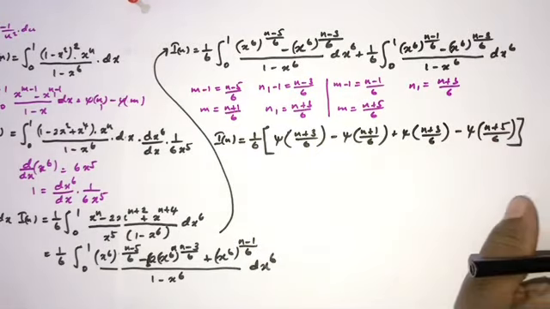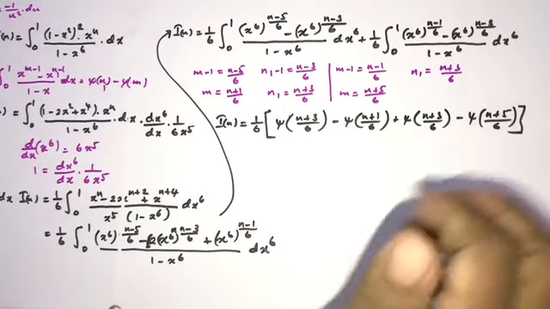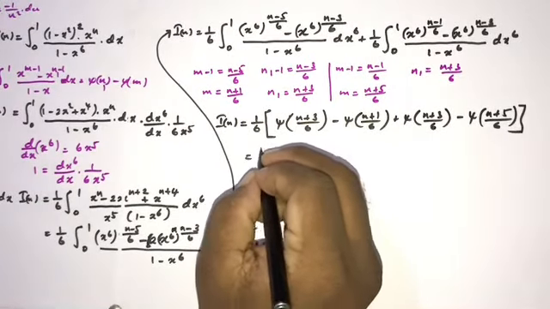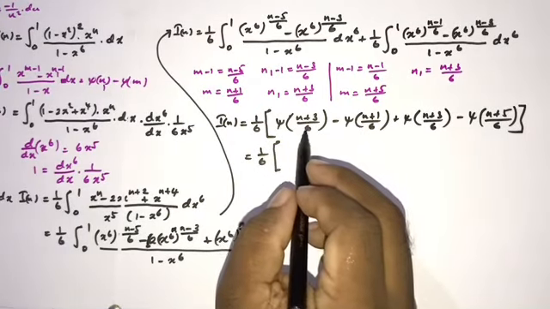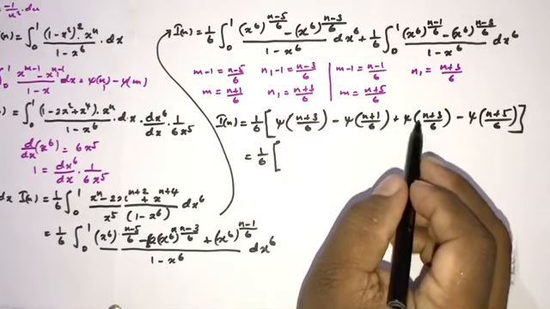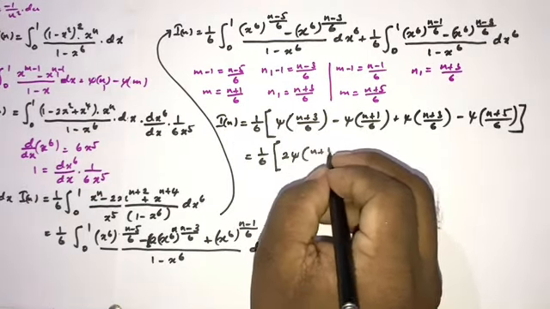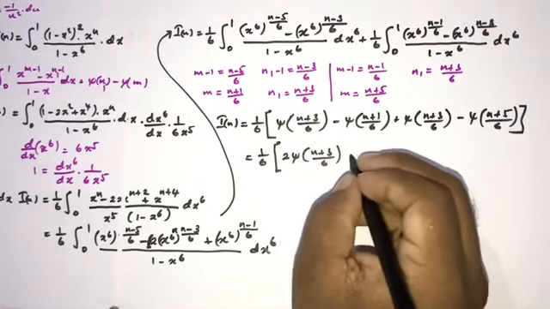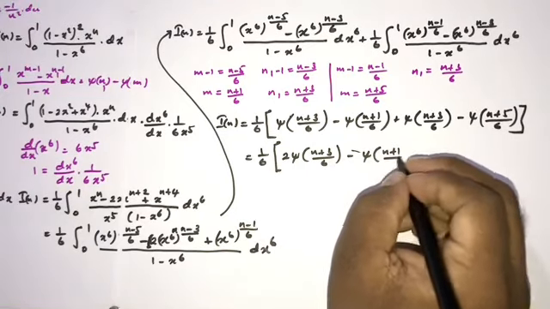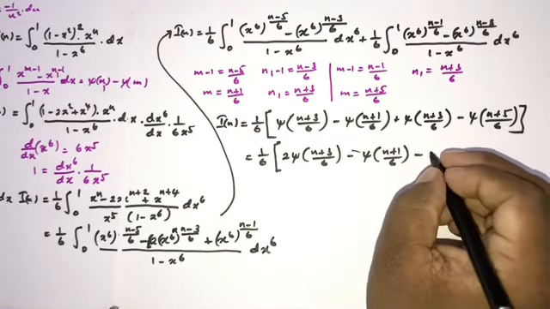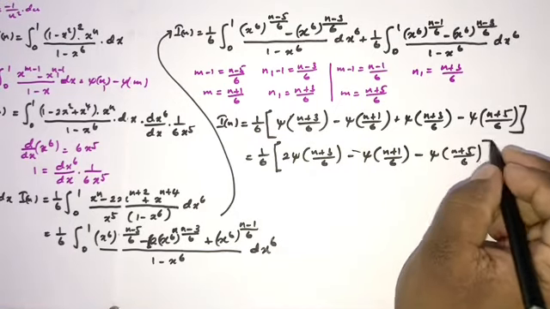Okay, then still we can simplify a little bit, so 1 over 6 times, digamma of n plus 3 over 6 appears twice, so 2 times digamma of n plus 3 over 6 minus digamma of n plus 1 over 6 minus digamma of n plus 5 over 6.